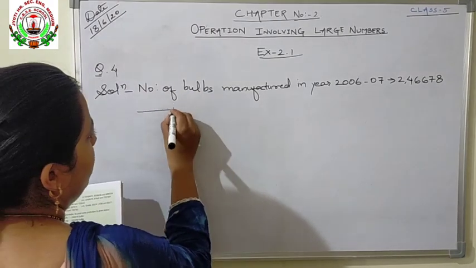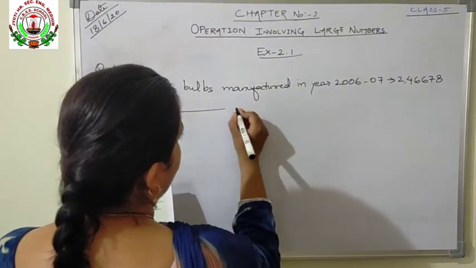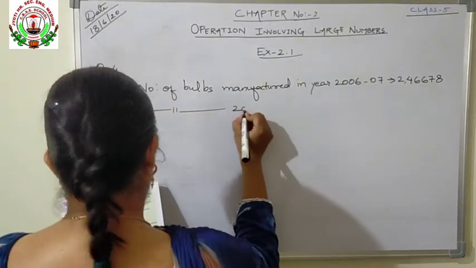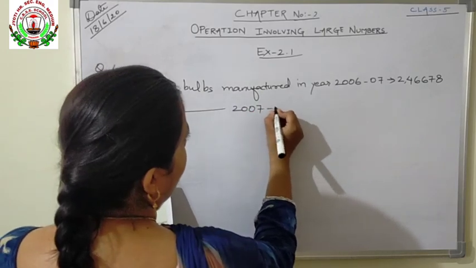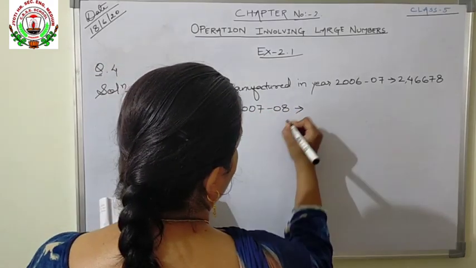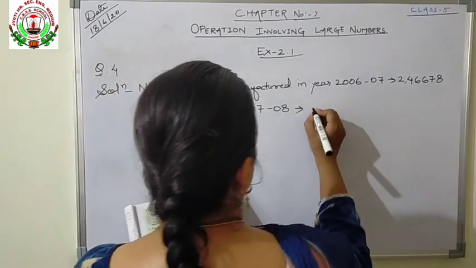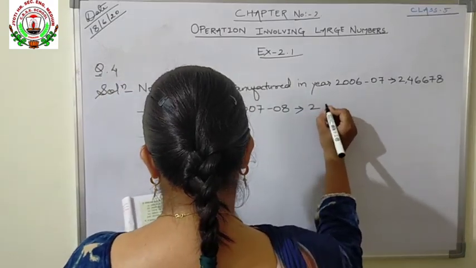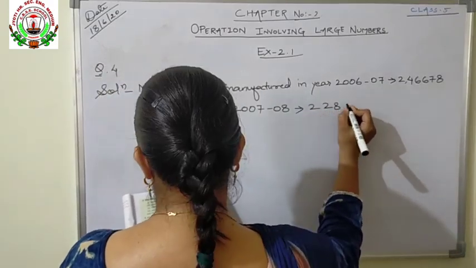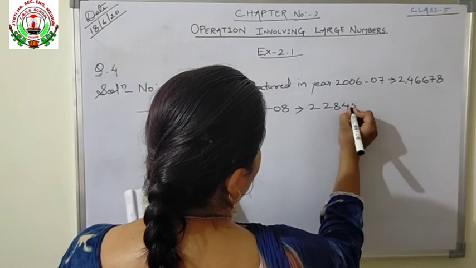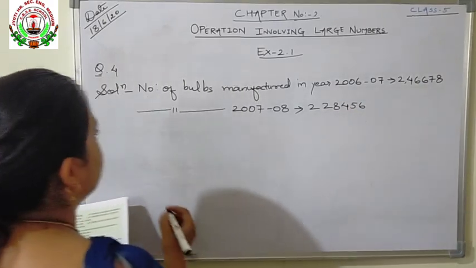Same statement will be there, but the year will change. In year 2007 to 2008, how many bulbs are manufactured here? 2,28,456 bulbs.